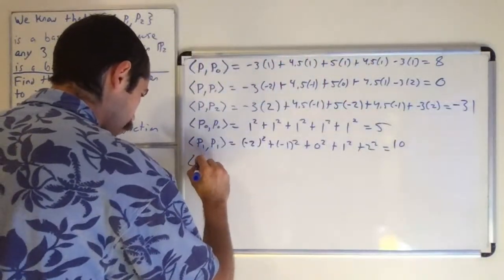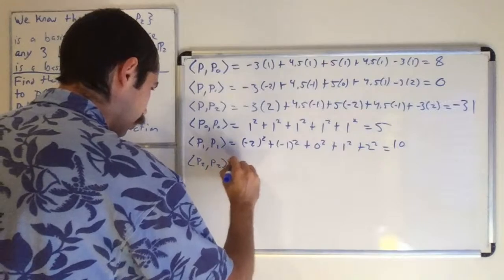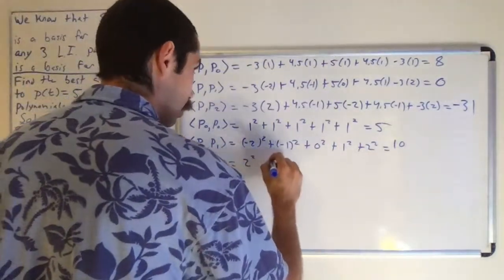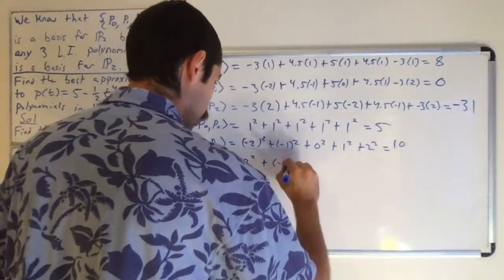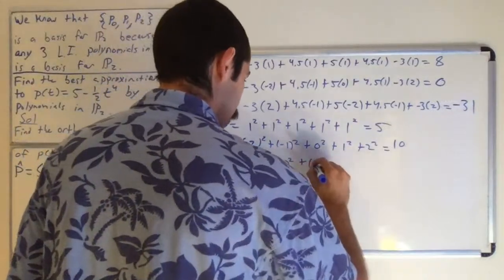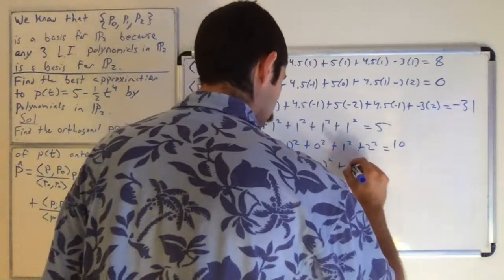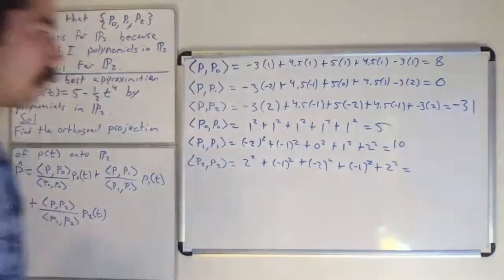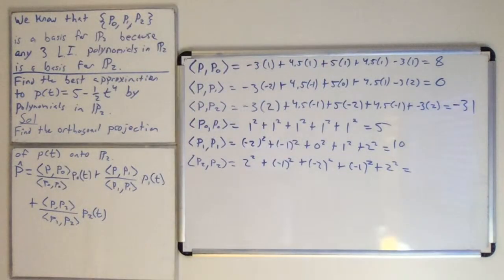And then P2 times itself is 2 squared plus negative 1 squared plus negative 2 squared plus negative 1 squared plus 2 squared, which is 14.